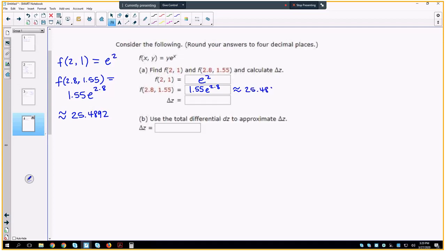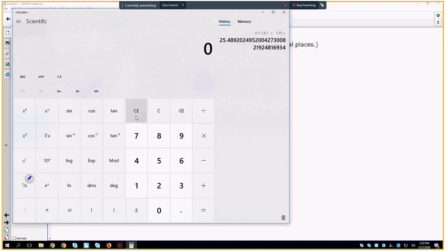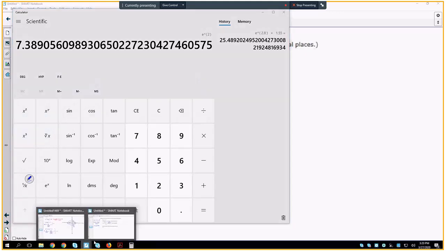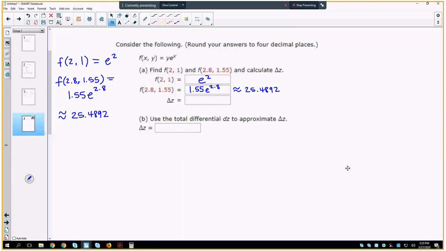And while we're at it, let's go ahead and get an estimate for the other one as well. E squared should be about 7.3891. So then delta z is 1.55 e to the 2.8 minus e squared.